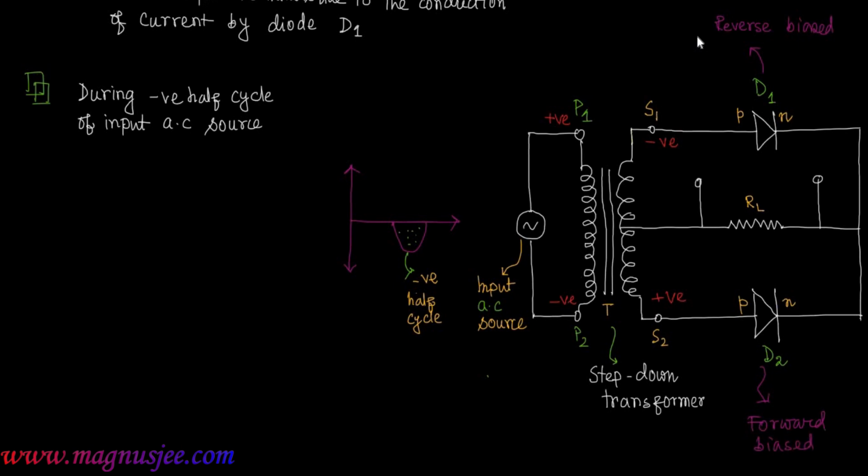Diode D2 is forward biased because its P region is connected to positive S2 terminal, but diode D1 will be reverse biased because its P region is connected to negative S1 terminal.